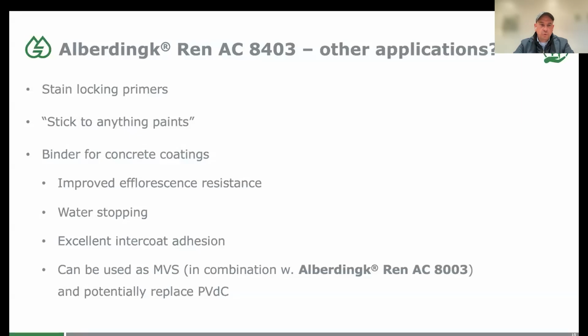And it can actually be used as a moisture vapor suppressant. In this case, we combine it with another renewable acrylic, the REN AC 8003, to reduce the film forming temperature without coalescent. And then we can potentially replace even PVDC in MVS primers on a construction site.